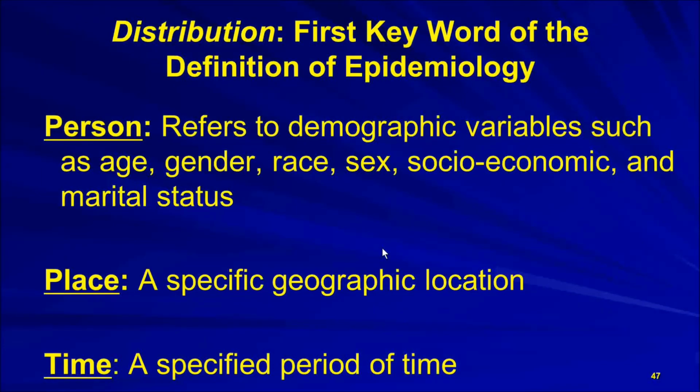Okay? So when we talk about a person variable, we're trying to identify characteristics that have an influence on the etiology of the disease, such as those things related to demographic variables as age, gender, race, socioeconomic status, marital status, religious preference, devoutness, etc., etc. Okay?